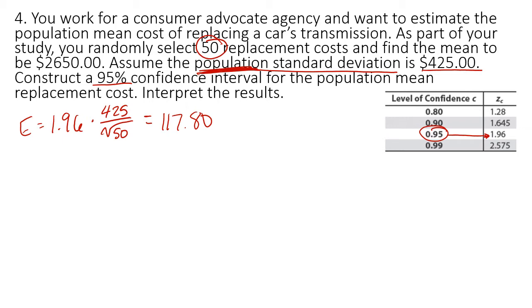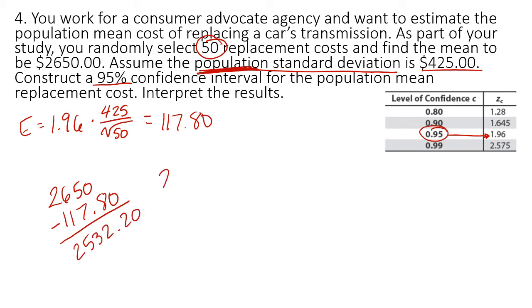Then to be able to figure out what your confidence interval is, you take your mean and you subtract out the $117.80 and you get $2,532.20, and then you take the mean and you add $117.80 and you get $2,767.80.